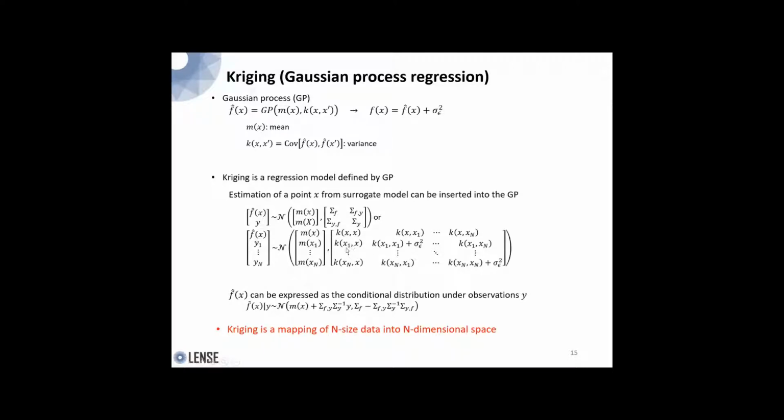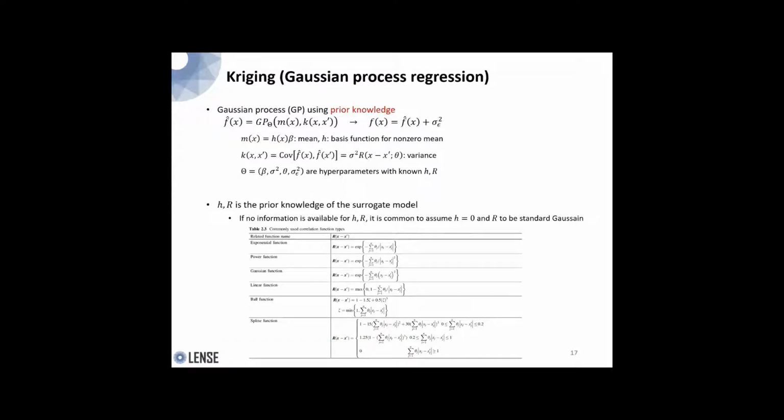So you have n data points, x1 through xn and y1 through yn, and then any in-between points you can calculate based on this expression of conditional distribution. So what you're doing in kriging is you have n size data and you're essentially putting it into n-dimensional space. So the model size, the basis function, grows with the data size.